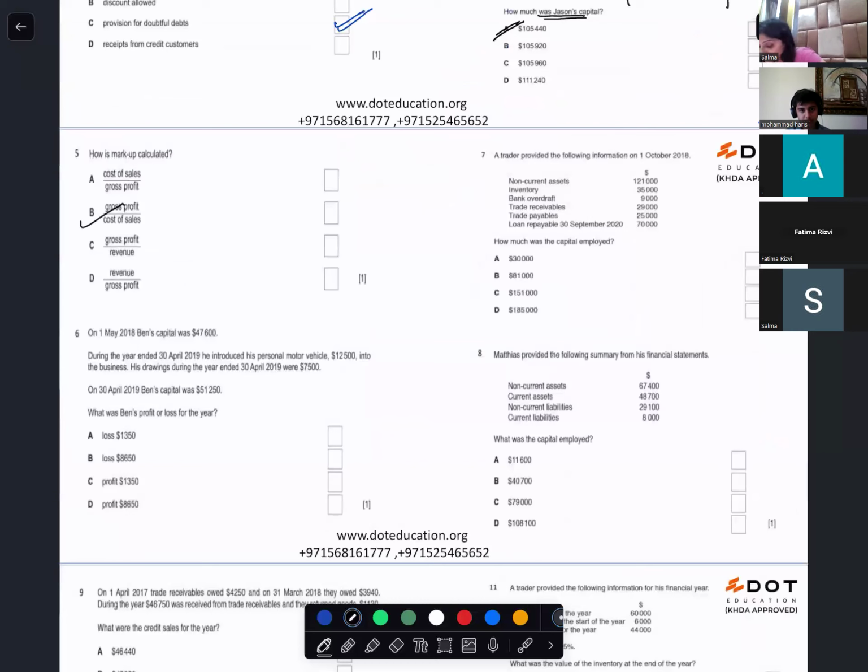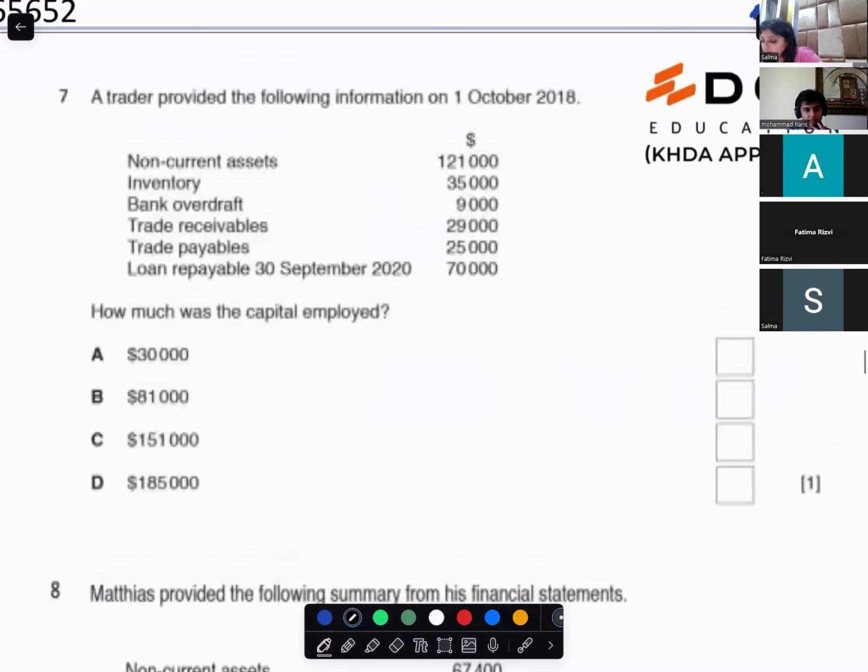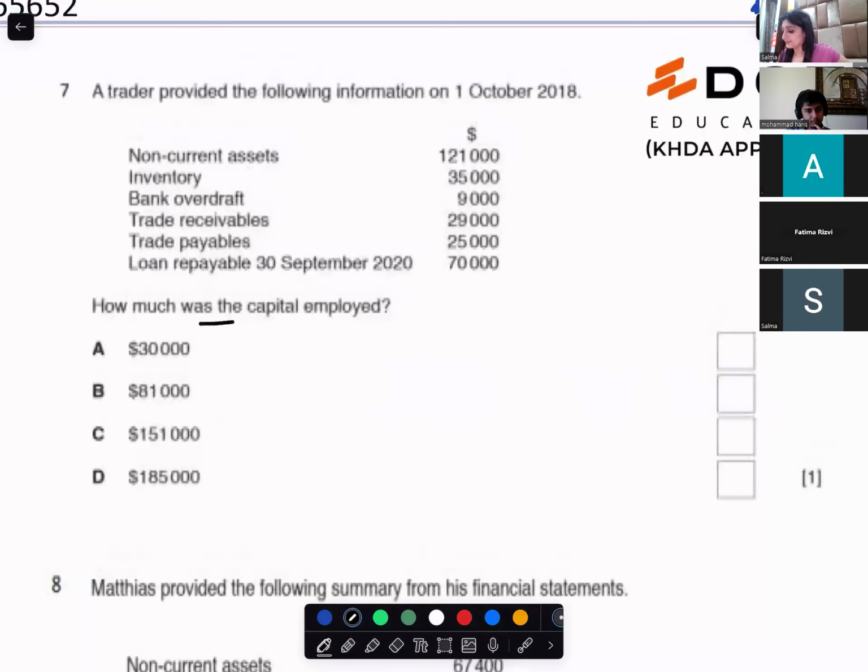Very good. Come on. How much is capital employed? How do you get capital employed? There are two formulas. Capital plus non-current liability, or capital plus current liability.